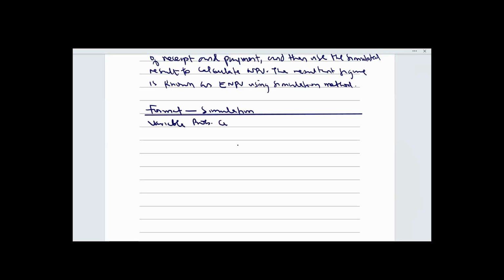After probability, you find the cumulative probability in percentage. Then you create a column for random allocation, which is just like a class interval. Finally, you create a column for random numbers.